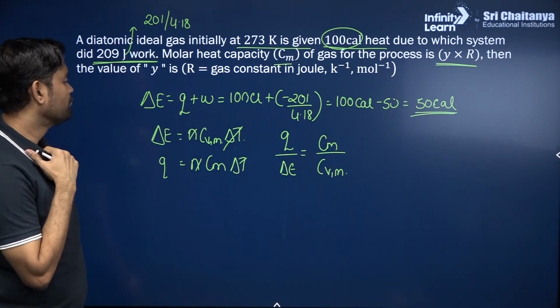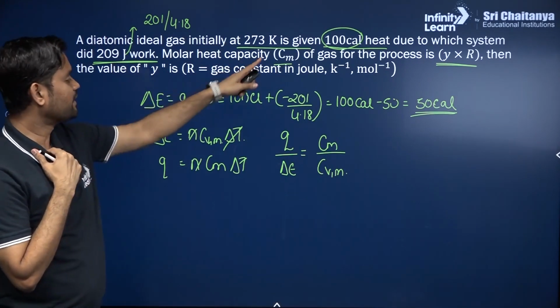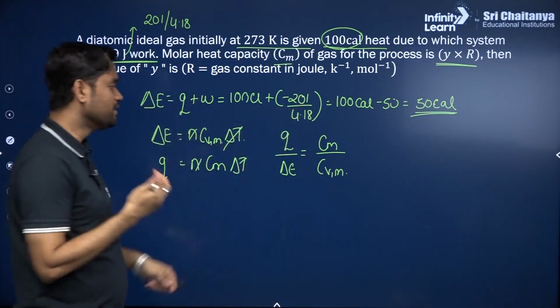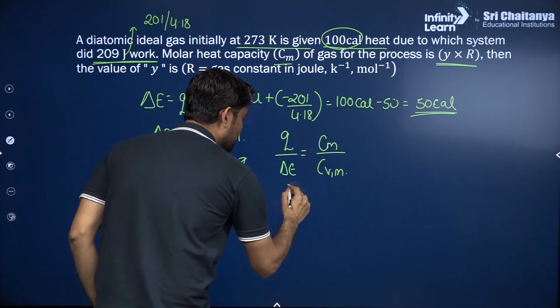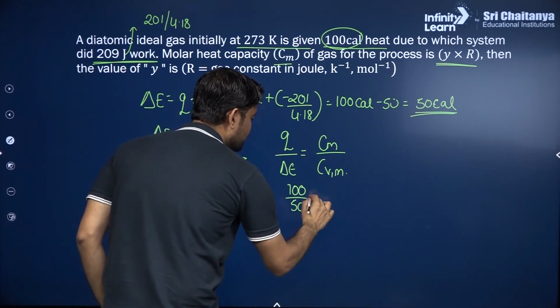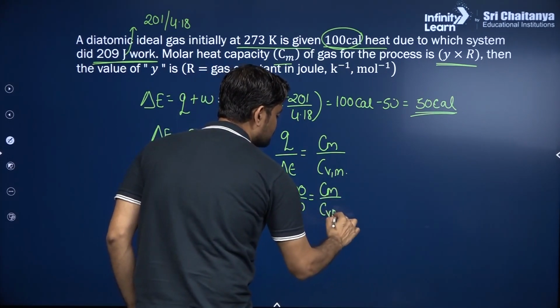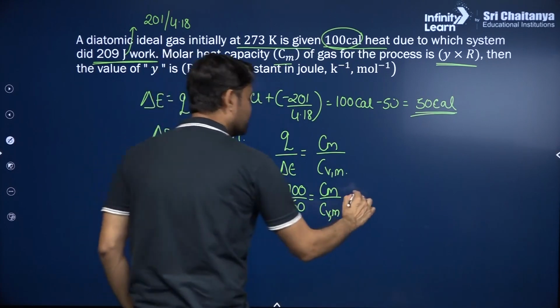Heat is how much? Heat is given as 100 calories, and change in internal energy is 50 calories, so that is equal to 2.